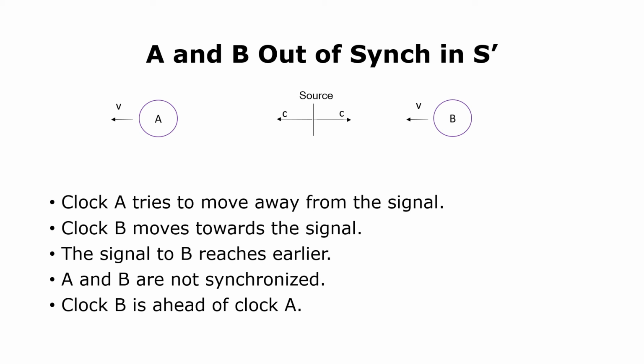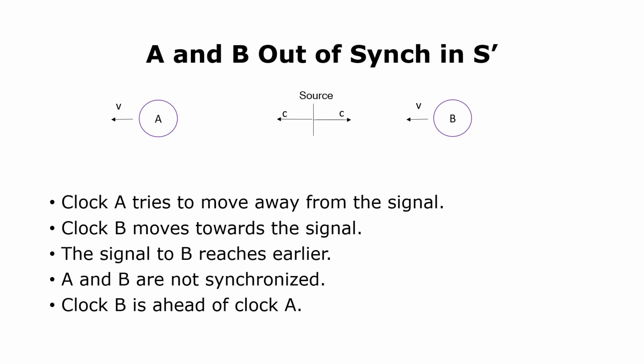Thus clock A is trying to move away from the signal and the signal is chasing it. Next, look at the signal to clock B. The signal is moving to the right and the clock B is moving to the left. Thus clock B is approaching the signal. Therefore the signal to clock B will reach earlier.